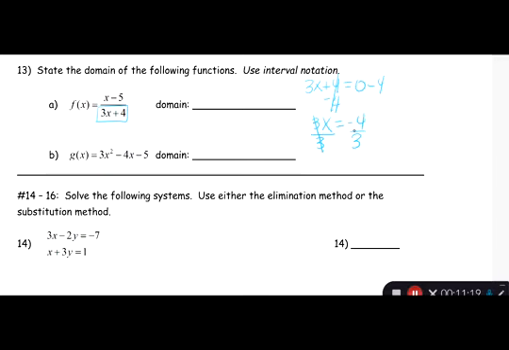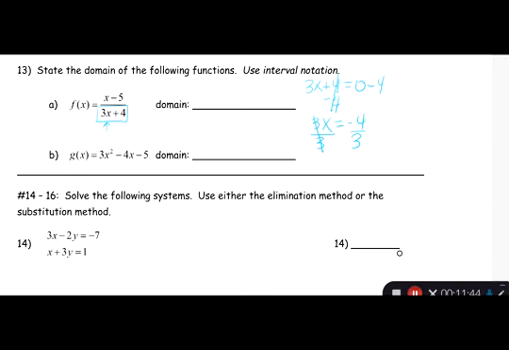Okay, so when x equals negative 4 over 3, that means I will get a 0 in the denominator. If I plugged in negative 4 over 3, I would get a 0 in the denominator, which is what I don't want to get. So my domain is every number other than negative 4 over 3. I can put in any other number as long as it's not negative 4 over 3.